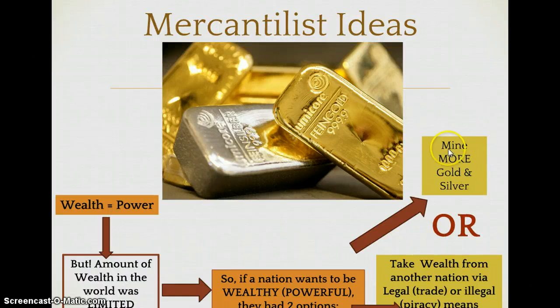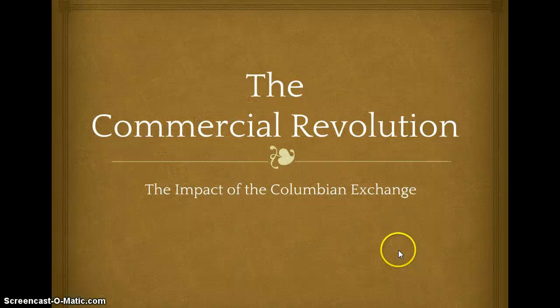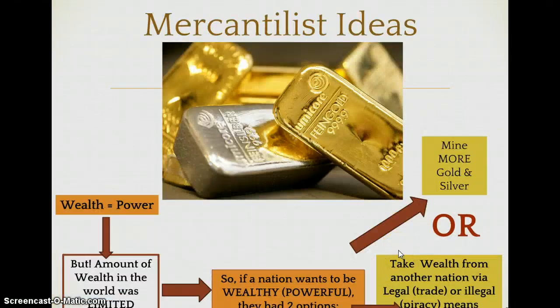Or they could go to the Americas, right, and mine more gold and more silver, right? Get as much of this as they can to be the wealthiest. So that's what mercantilism is. It's this economic theory that believes in this, right? That wealth equals power, but wealth is limited, so you of course want to be powerful, so you had to figure out how to be wealthy in two ways. Mine it.